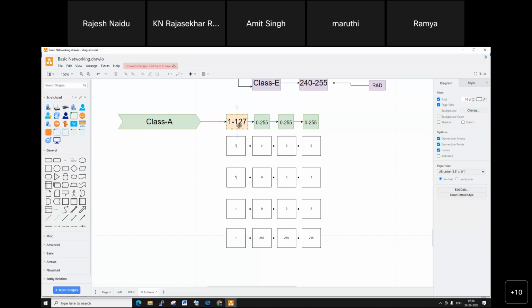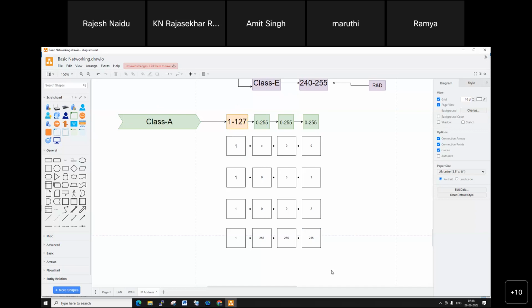Okay. If anybody does not understand, please raise your hand. I know that sometimes it is not understandable. Sir, please tell me. Yes, sir. 127 in the network means like the system.